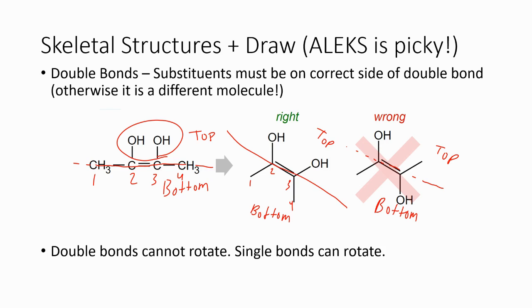And this is a pretty simple molecule as an example. They did get a little bit trickier in the Alex homework. So we'll do one side where we practice, and then the rest of the time you can practice in Alex.